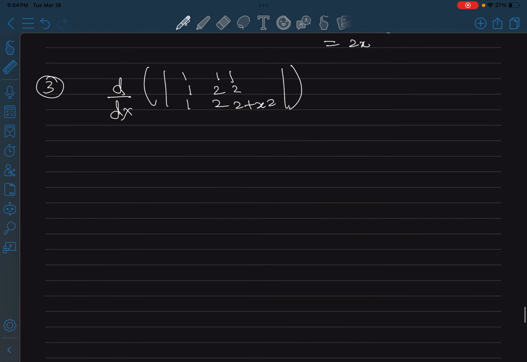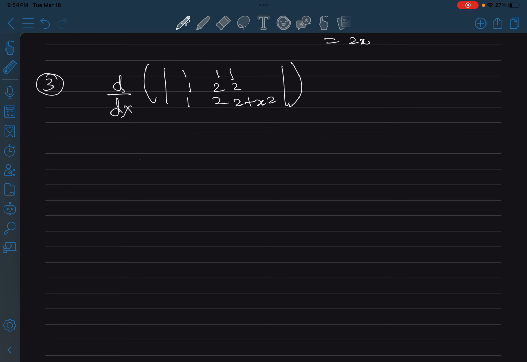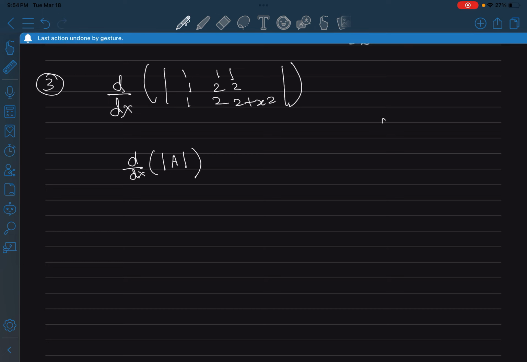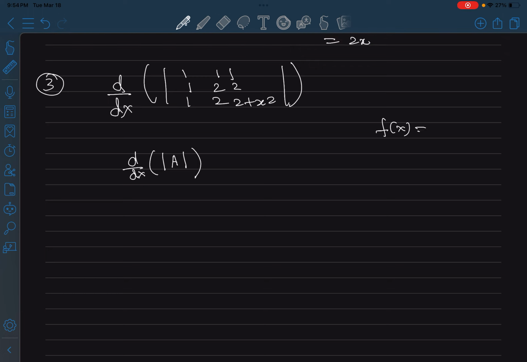What you do in Jacobi's way is, let's say if you want to find the derivative of some determinant of A, which is a function of x. In that case, this derivative can be found using the formula.